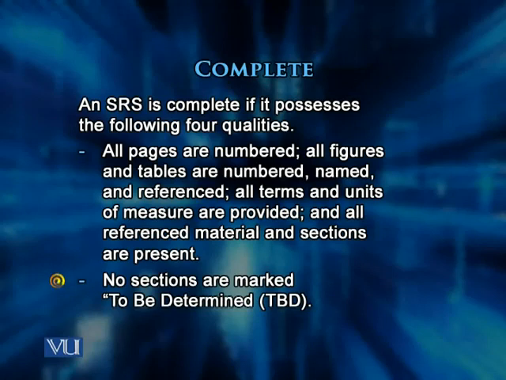No sections, this is the fourth condition, no sections are marked to be determined, or we write in short, TBD. This structure, if we follow it, will tell us that the document is complete, it has been thoroughly reviewed, and an effort has been made to eliminate multiple interpretations.